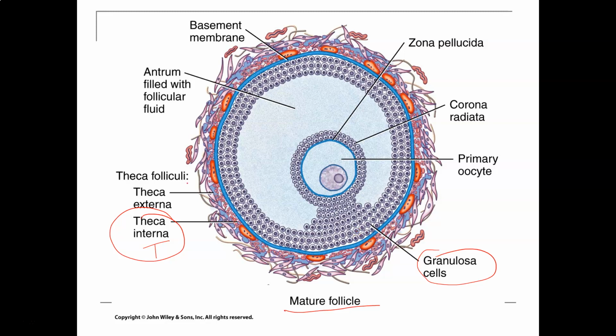And in fact, the mature Graafian follicle makes lots and lots of estrogen that's going to enter the bloodstream of the female, and it would be detectable in her bloodstream. So that is the endocrine function. I mean, in addition to housing the egg cell, the tertiary or mature follicle makes estrogen.